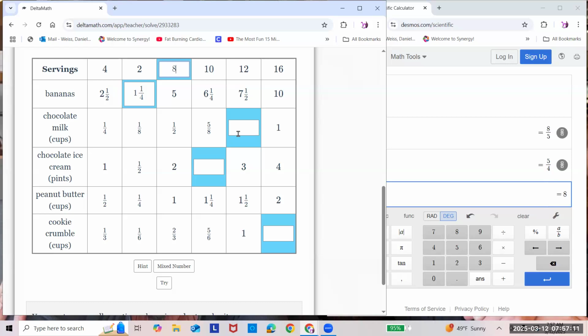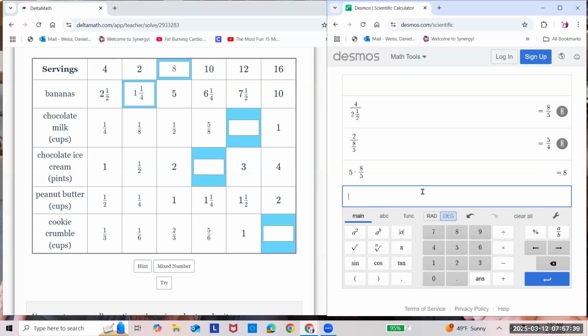All right. Now, so here's what I'm going to do with this chocolate milk section. All right. Would you agree that 2 times 6 equals 12? 2 times 6 equals 12. If 2 times 6 equals 12, then I'm going to multiply 1/8 times 6.